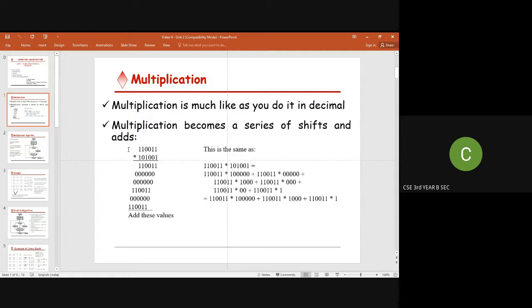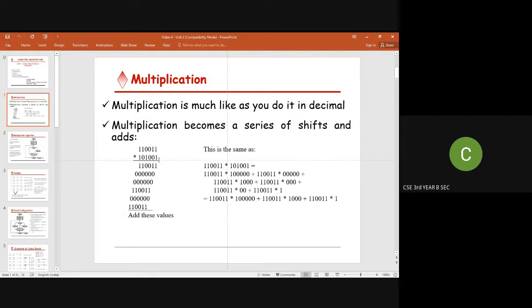For example, here 110011 is the multiplicand. Now I am going to multiply this multiplicand with the multiplier 101001. First we have to take the least significant bit.